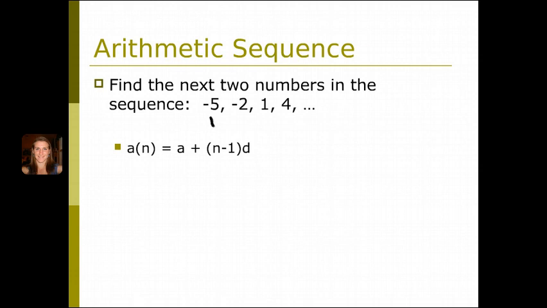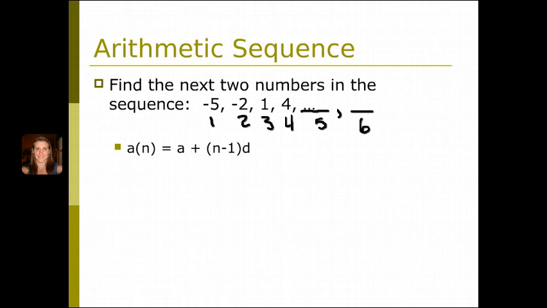Well, I have the first, second, third, fourth, and I need to find my fifth and my sixth terms. Those would be the next 2 numbers in the sequence. So I'm looking for the fifth and the sixth. Those are going to be my n values.